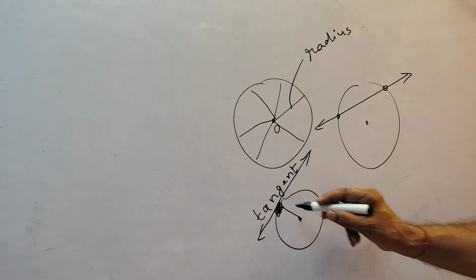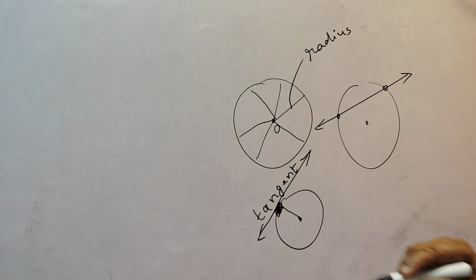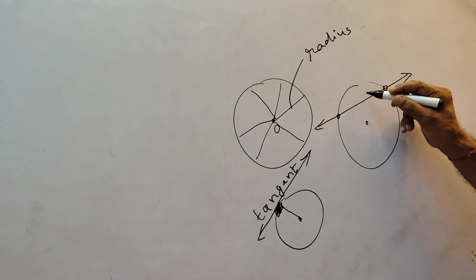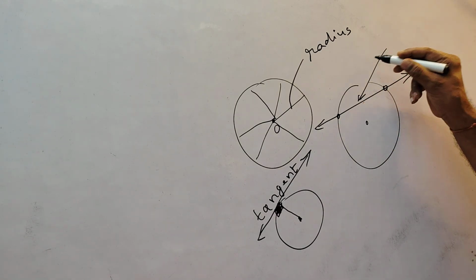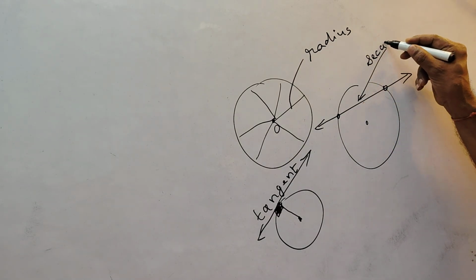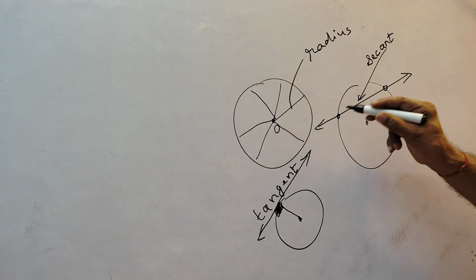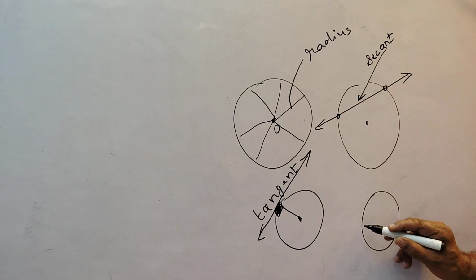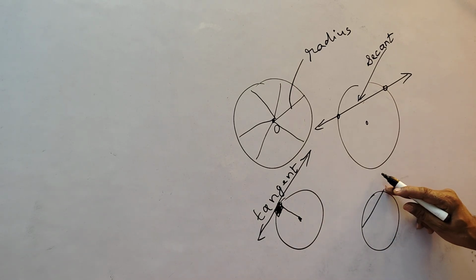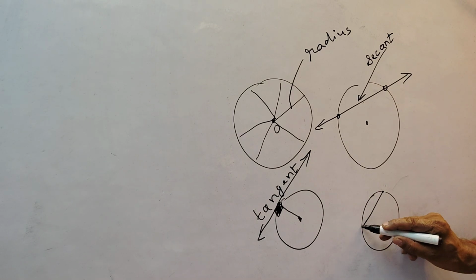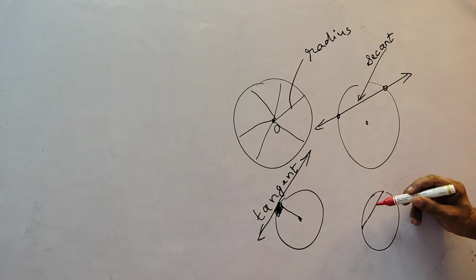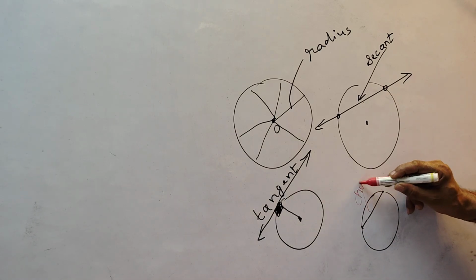Tangent and radius at the point of contact form a right angle, 90 degrees. And this line that cuts the circle at 2 points, this line's name is secant. And when only the part of the line that cuts the circle, this part of the line that cuts the circle is called a chord.